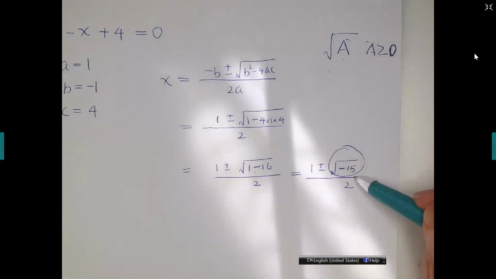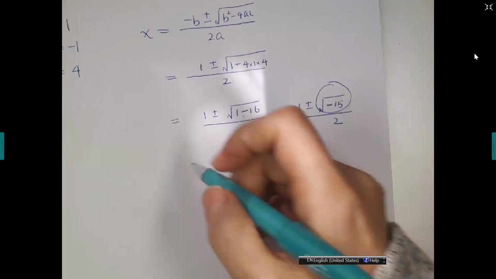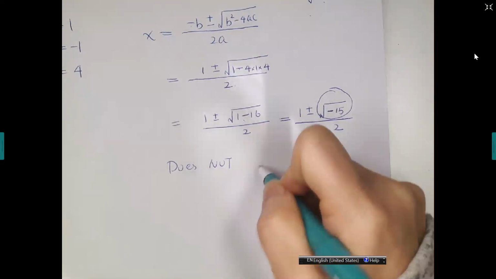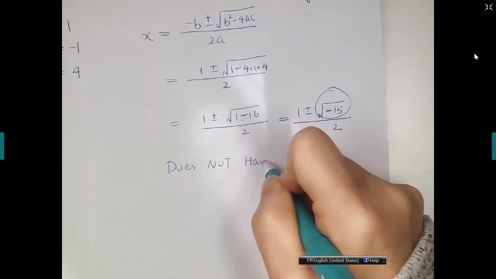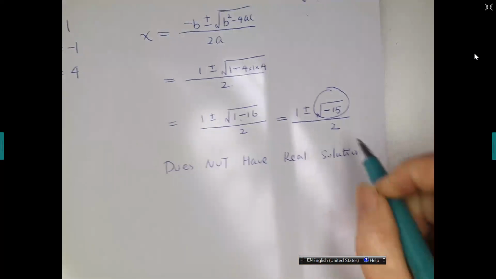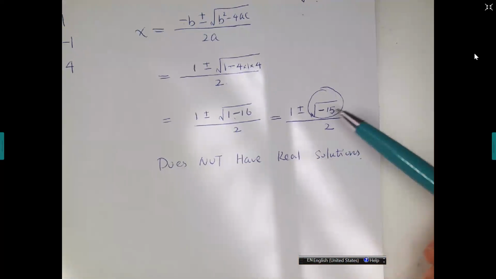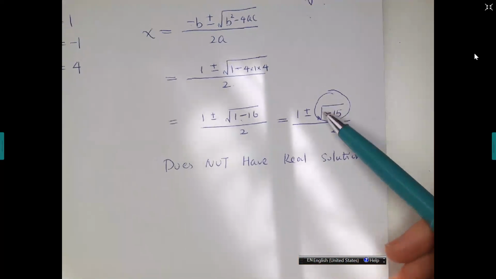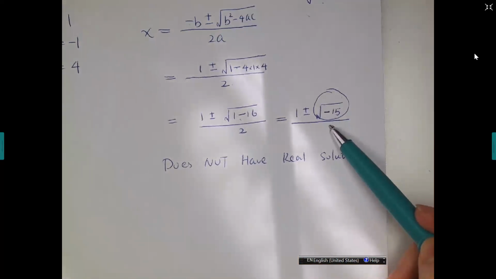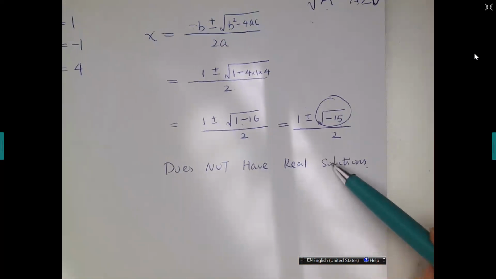But here we see the radicand turns into a negative number, and that tells us this equation does not have real solutions. This is not a real number because we cannot simplify the radical of a negative number, -15. So the real solution does not exist. There are no real solutions.